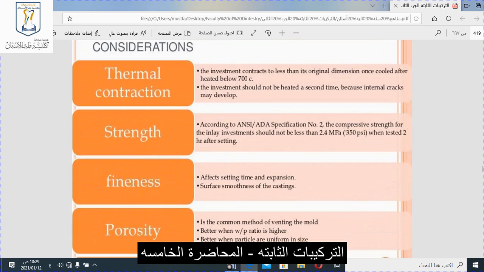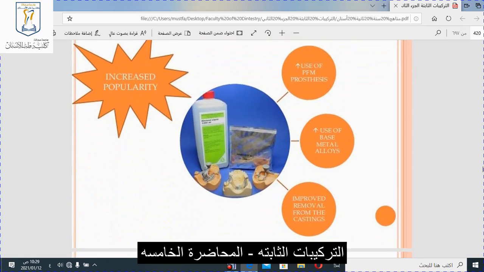In the case of phosphate bond investment, silicate bond investment, or magnesia based, we have to use a ringless cast. The ring gives the form of the investment material during setting, and we remove it after setting and put the investment material directly into the oven for the next procedures, which are burnout and thermal expansion.